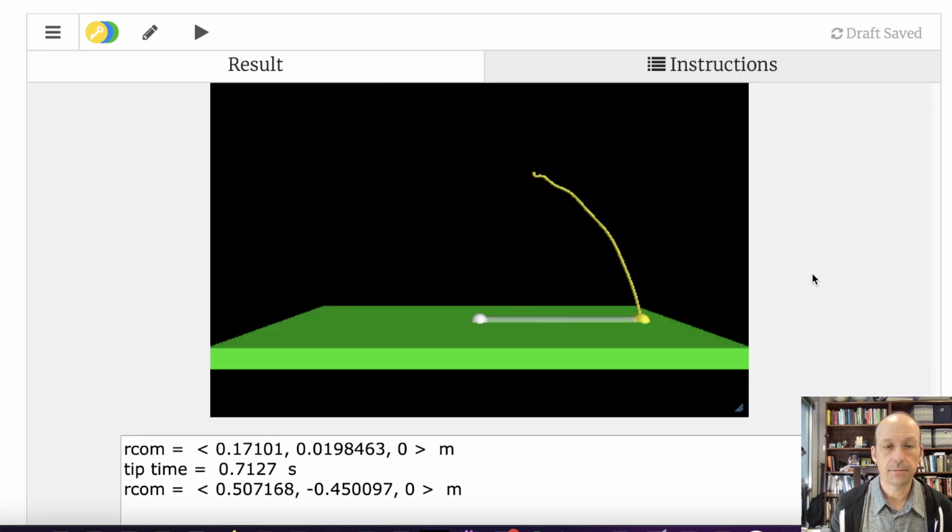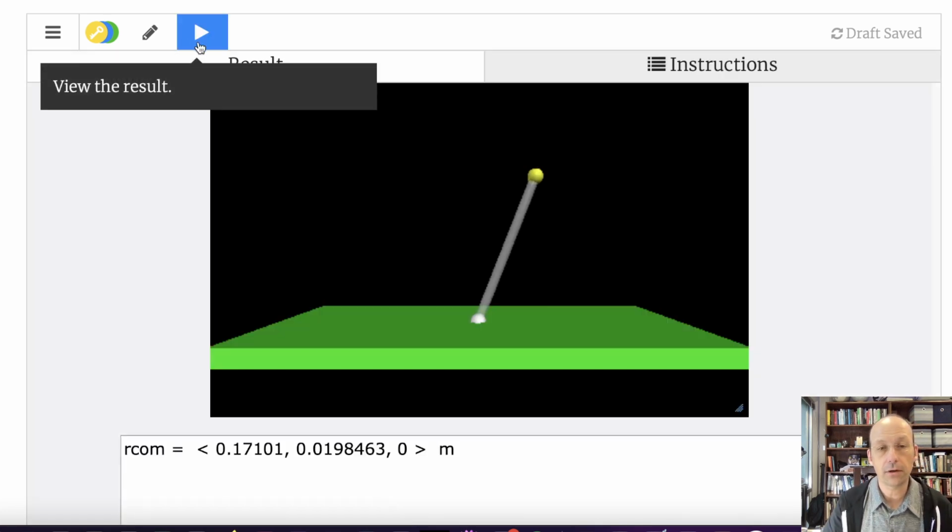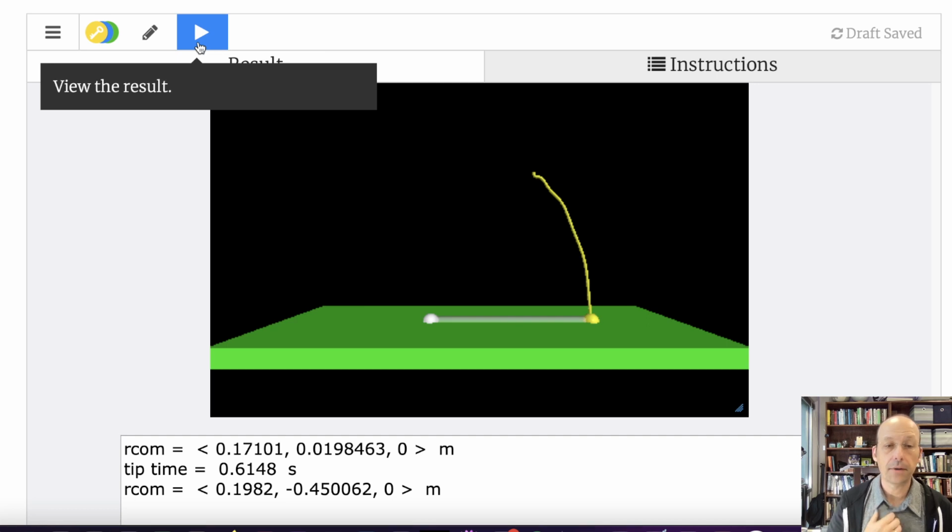Yep. And that's pretty good. I'm pretty happy with that. Let's make that very low friction, 0.02, and then it should be very close to the way it was before. Yep. And with high friction, the pivot's basically stationary. So I think that's working now.